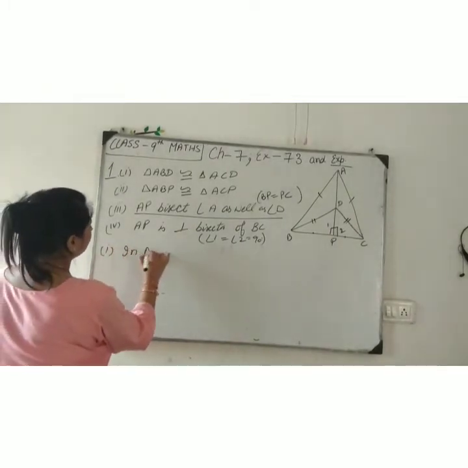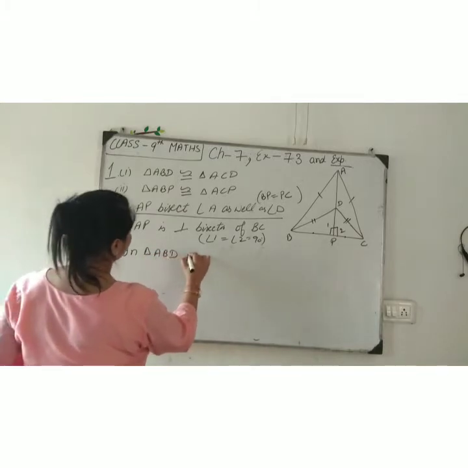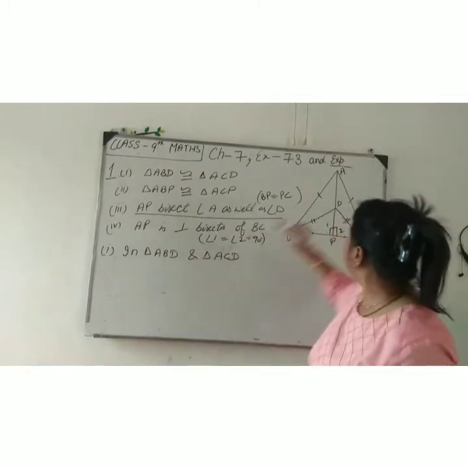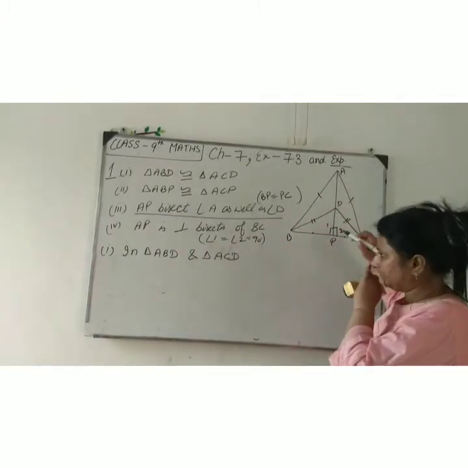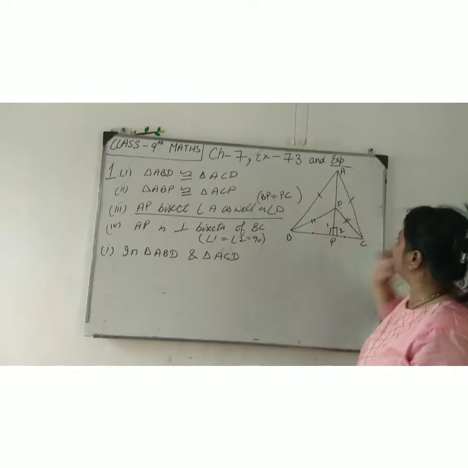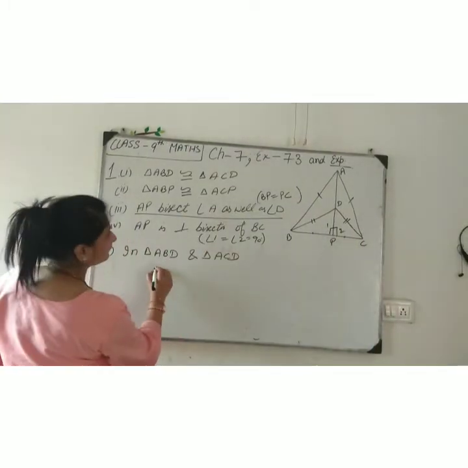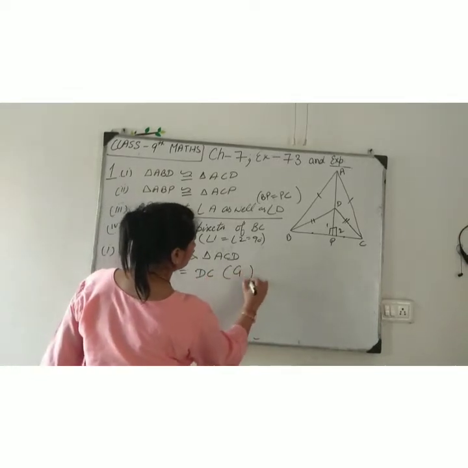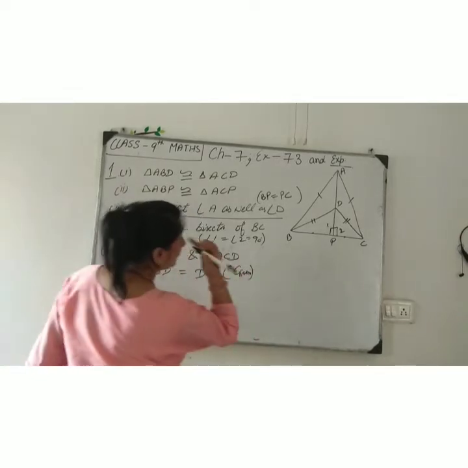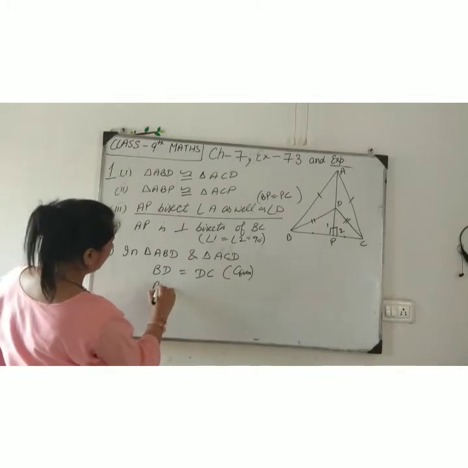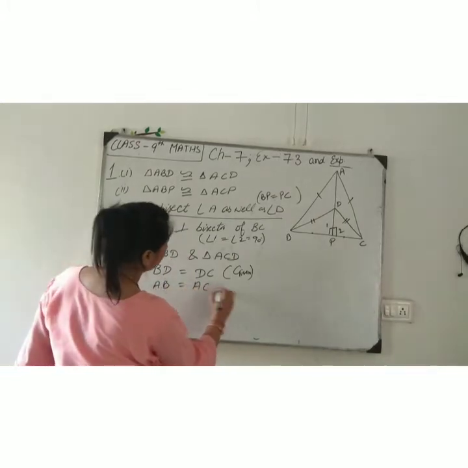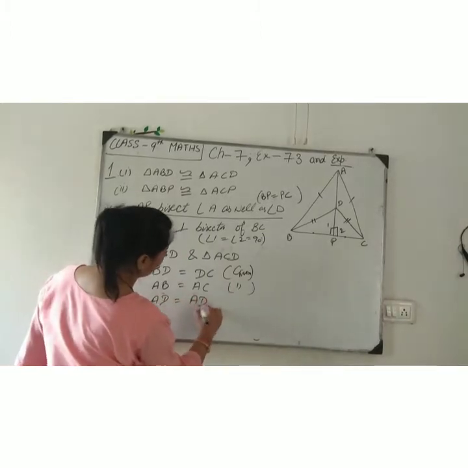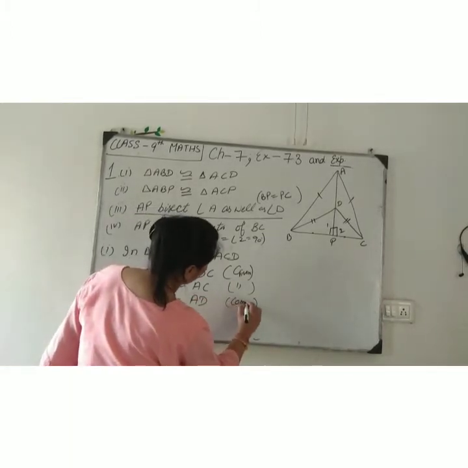In triangle ABD and triangle ACD, first BD equals DC, reason given. Next AB equals AC, reason given, and AD equals AD, reason common.